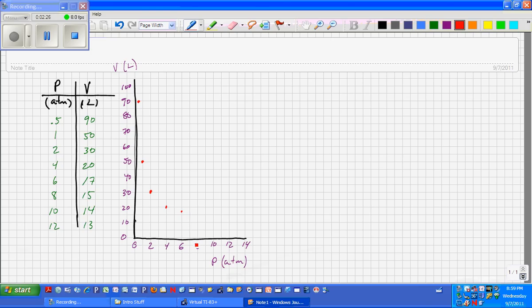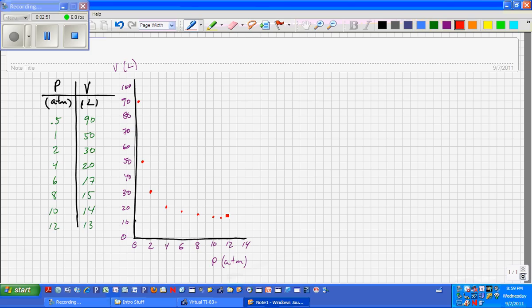And then 8 and 15, which is going to be right here. And then 10 and 14, which is going to be right below that. And then 12 and 13, which is going to be right below that.